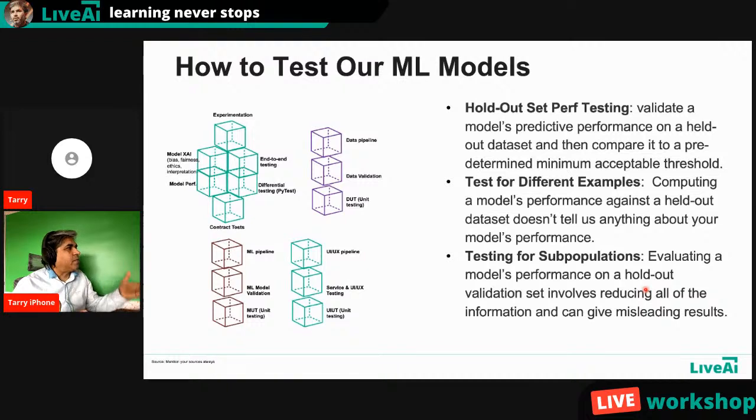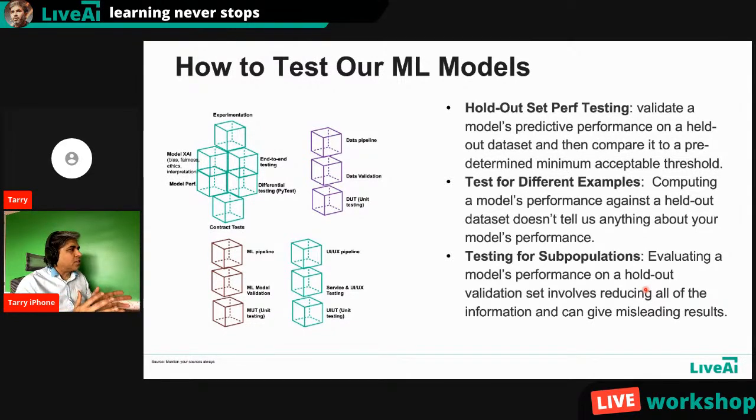How do you do that? You validate the model's predictive performance on a held-out set and compare it to a predetermined minimum accepted threshold. So the metric and threshold combination defines the minimum level of performance a model should achieve before it can be deployed into production.